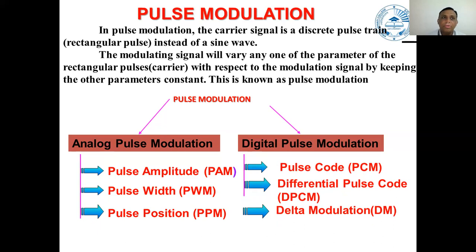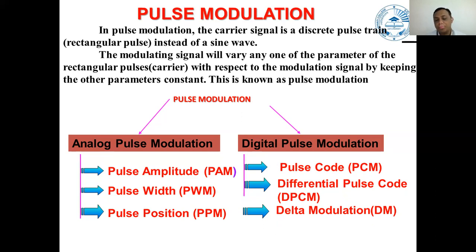We have three types of analog pulse modulation. One is pulse amplitude modulation, or in short PAM. Next we have pulse width modulation, or PWM, and then pulse position modulation, or PPM.